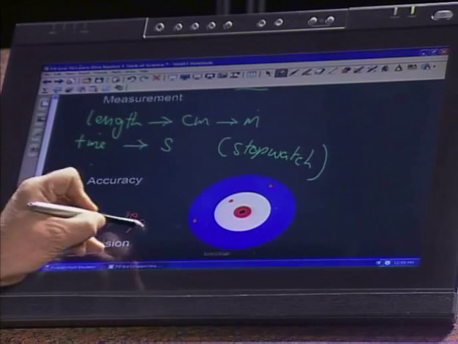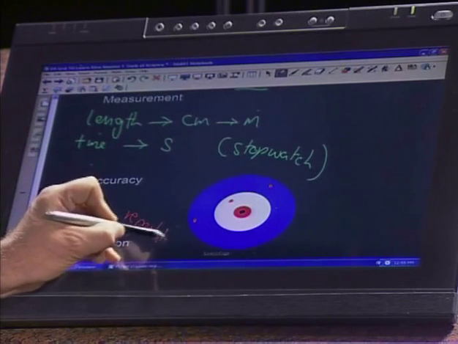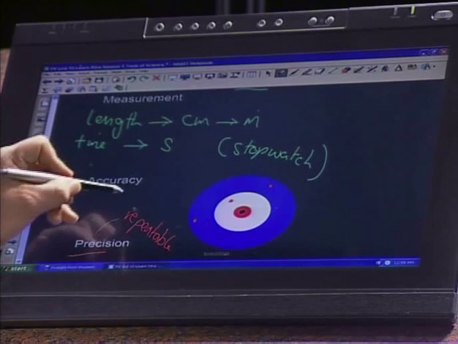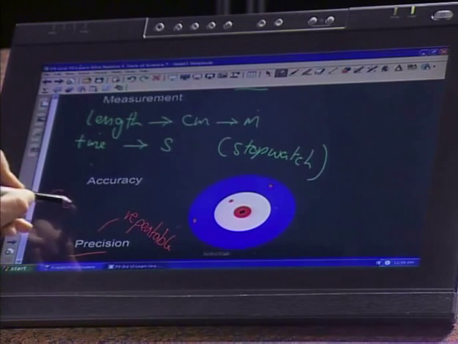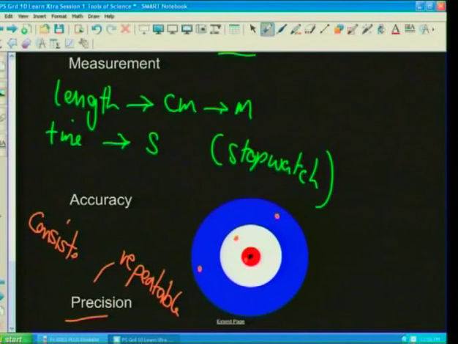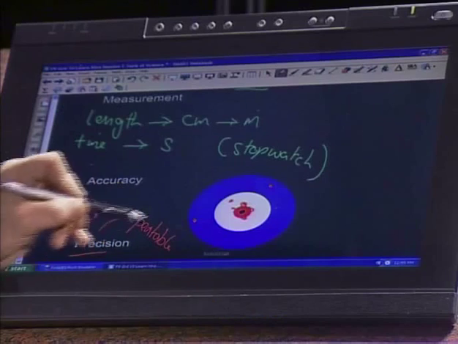Then we say it's precise. So it's consistent and repeatable. Then it will look something like this, and that would be both accurate and precise.